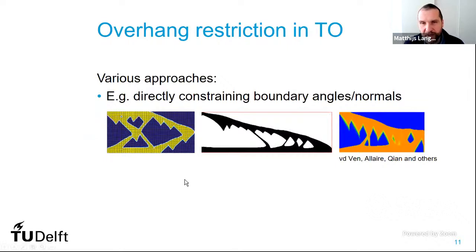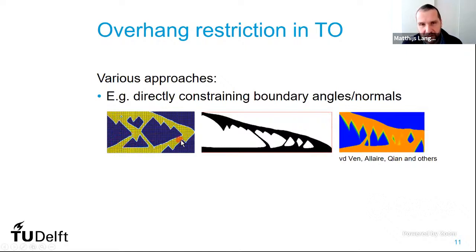Now, this problem has been recognized in the field quite early on already, and there have been quite a lot of efforts on how to deal with it. Very nice also that especially the first speaker, I think, showed this type of approach as an example, that you can basically place a constraint on the angle of the boundary. Here's my pointer, of the boundary of the shape that is generated.